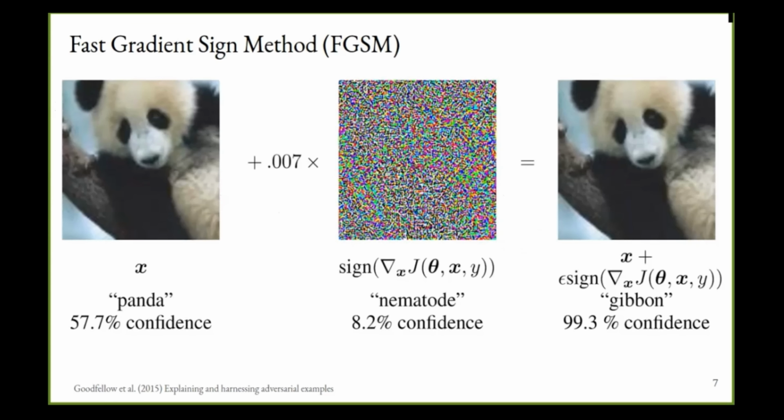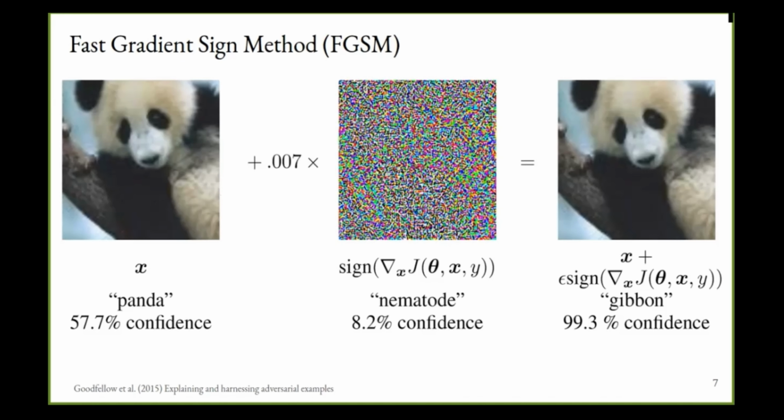This is the famous example of a panda that with a small perturbation computed by FGSM is now classified as a gibbon. Two interesting things here are first, the perturbation doesn't really mean anything to the model. It is classified as a nematode with 8.2 confidence.